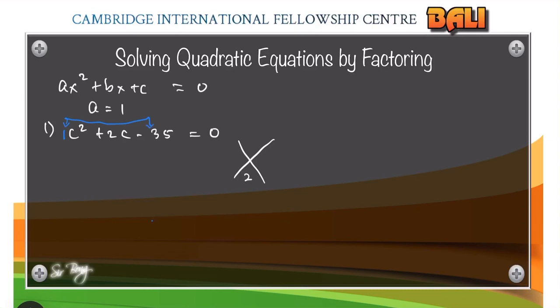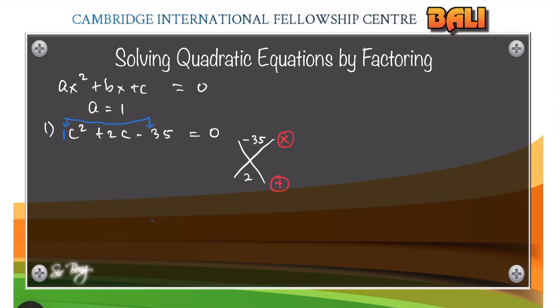So 1 times minus 35 is minus 35. Take note that the factors we are looking for should satisfy these two numbers. This is the product of the two factors, and this will be the combination of the two factors.